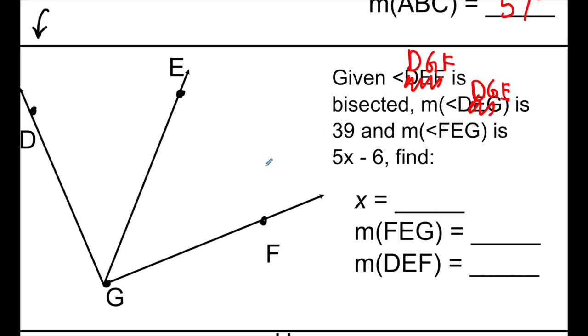I know that FGE is 5x minus 6. I need to find x. I need to find FGE. And I need to find DGF. Okay? So please take a moment, pause the video, try to set this up and find the needed information. And then when you're ready, unpause, and I'll show you how to solve it.